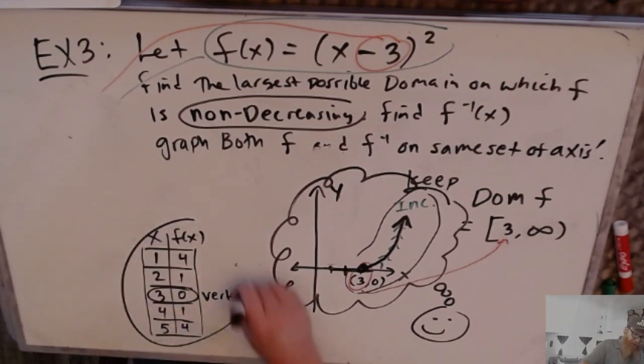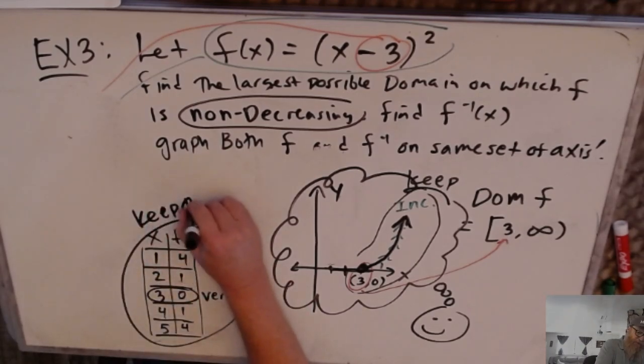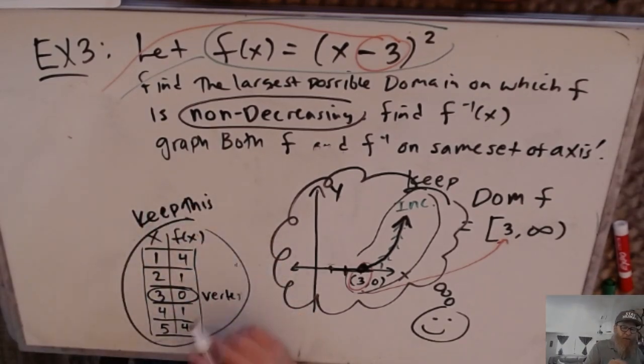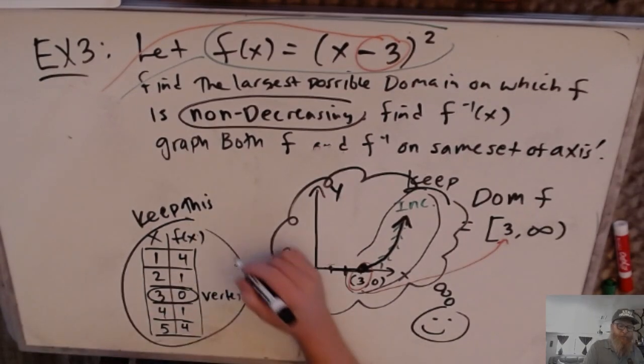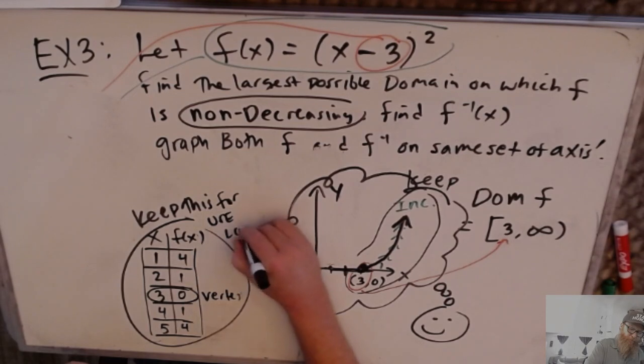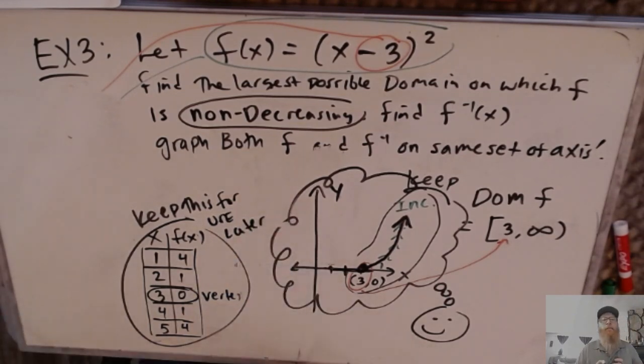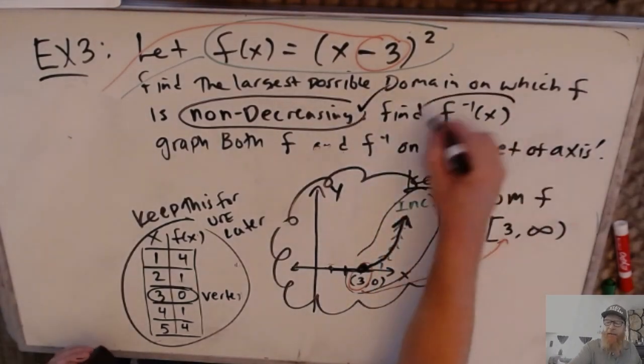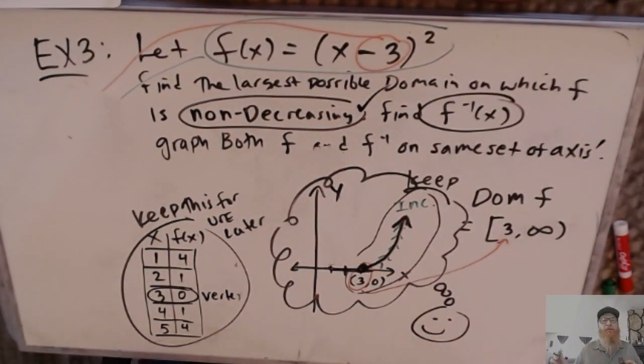All right, keep this. We're going to use it later in the problem. Okay, so we got the domain, check, non-decreasing. Now we're going to find the inverse function.